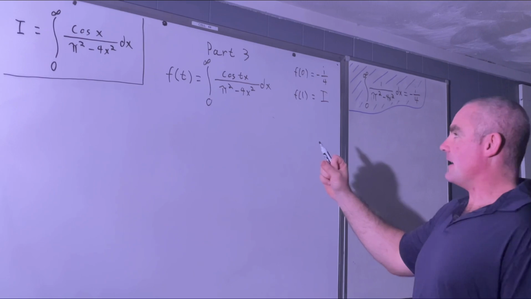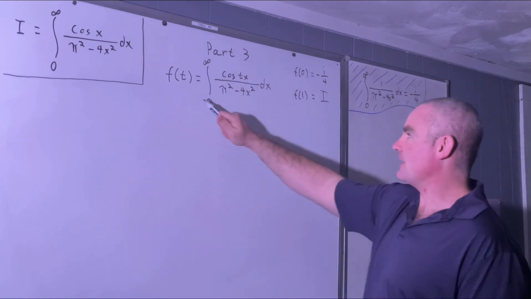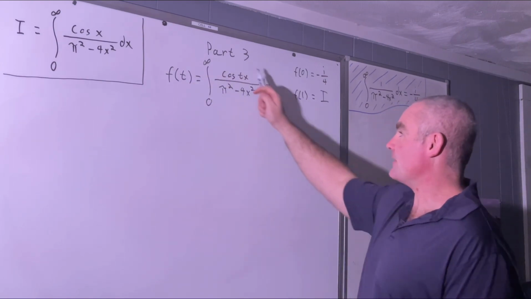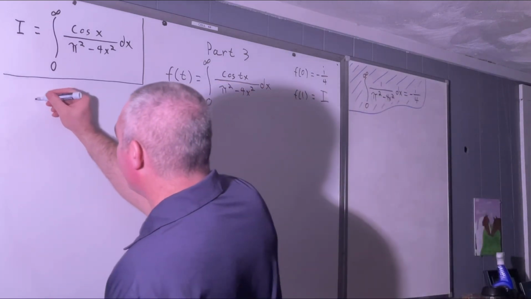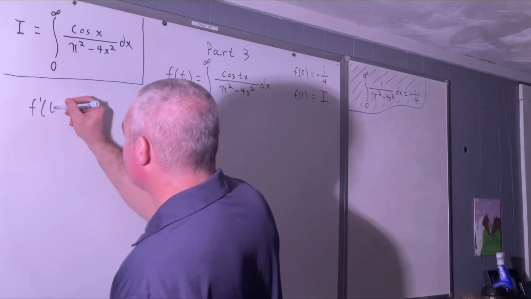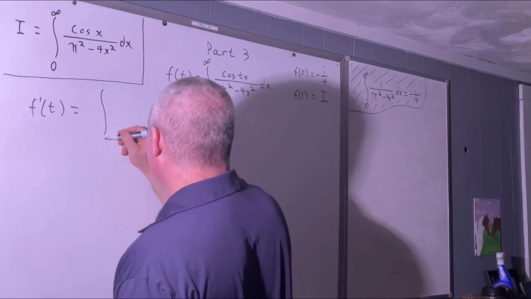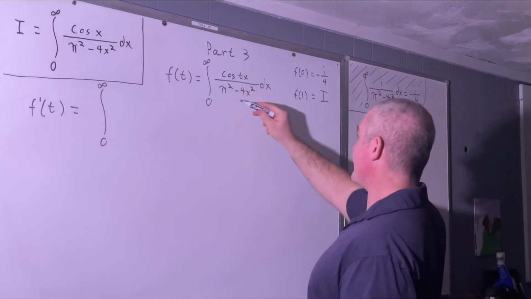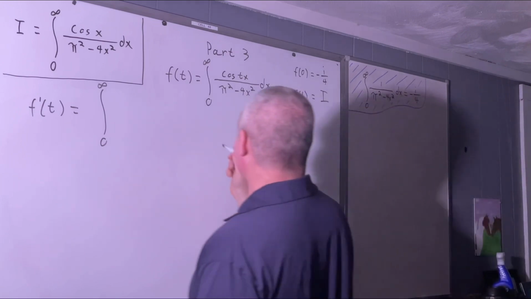Well, as is often the case in Feynman integration, the next step is going to be to take the derivative of the left and right hand side of this thing with respect to t. So we're going to get f prime of t equal the integral from 0 to infinity of the partial derivative with respect to t of the integrand. So what's that going to give us?